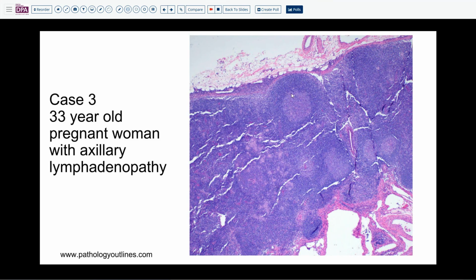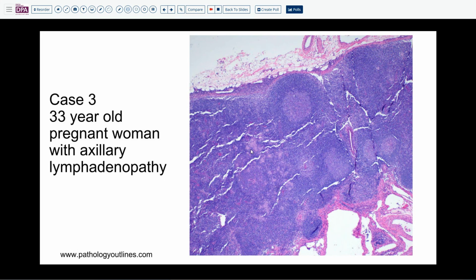Just from this one image, we can see follicular hyperplasia, a lot of secondary follicles with germinal centers, and also some expansion between these germinal centers. This one image almost shows us what we want: follicular hyperplasia, pericortex expansion, but we also have this kind of pale area.